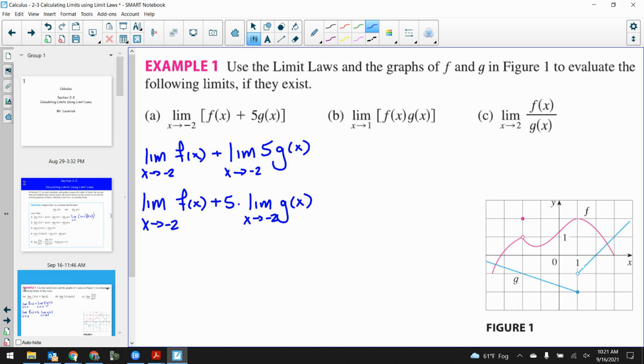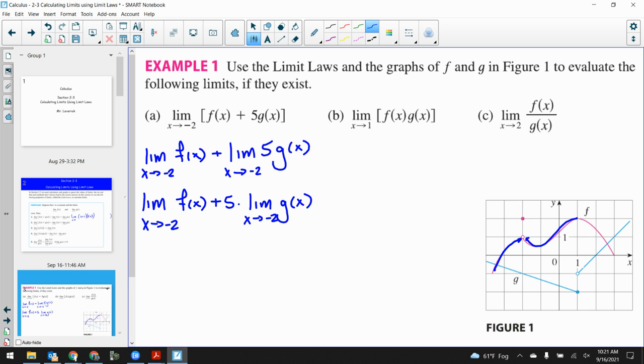Well, can I take the limit as x approaches -2 of f of x? What is it? Let's find it. Look. Does the limit exist? Yeah, they're both going toward the same number.